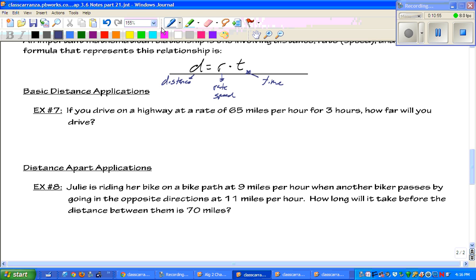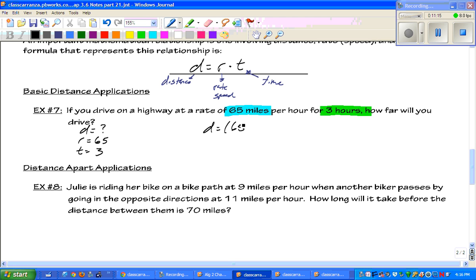If you drive on a highway at a rate of 65 miles per hour for 3 hours, how far did you drive? Okay, that tells us the rate, which is 65 miles per hour, tells us the time is 3, but it does not tell us the distance.